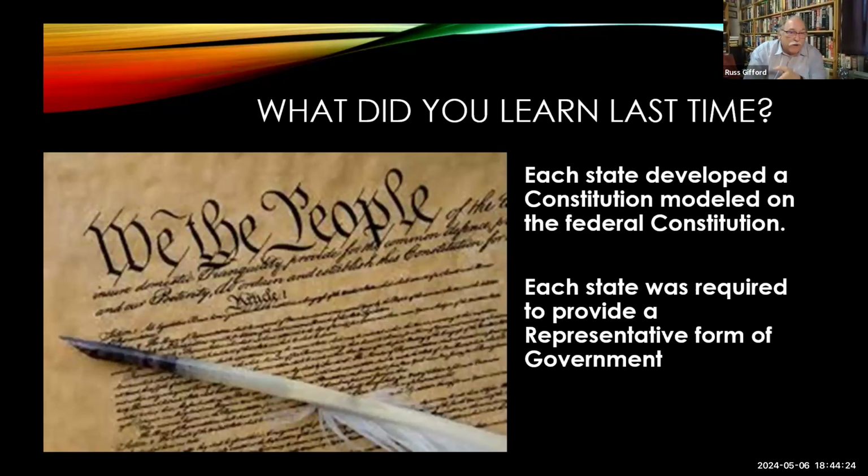And what we found was, to be part of the Union, each state was required to provide a representative form of government. Well, okay, we saw that all the states have the same structure as the federal Constitution. They have a legislative branch, they have an executive branch, they have a judicial structure.